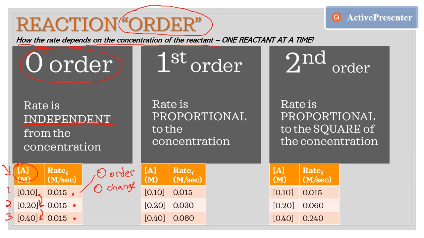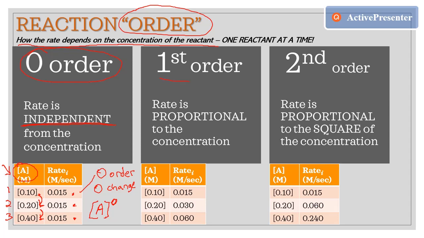And it's written like this. You put the brackets to designate concentration, and then you put the molecule in there. We're just going to use A. And then you put a little zero up as an exponent for zero order.